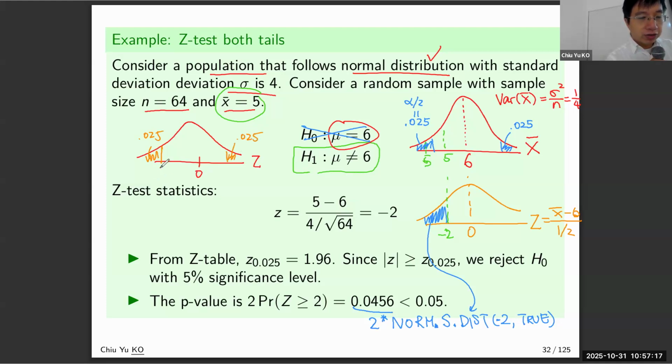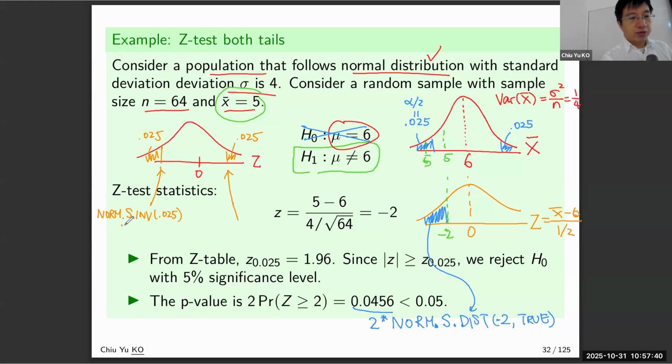Right? So there are two critical values here. They're symmetric about 0. This one will be norm.s.inv of 0.025, right? Because it is the left-hand side.